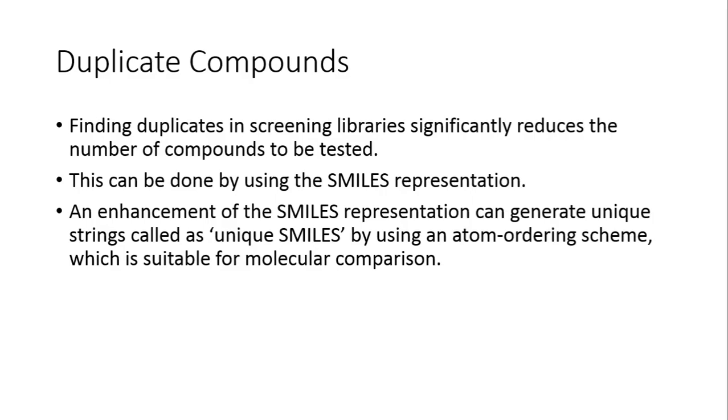You can generate unique SMILES, which are unique for each and every compound, and these unique SMILES are generated by using an atom ordering scheme, which is suitable for further molecular comparison. Once you have obtained the unique SMILES, you can compare them with the database and make sure that your compound library doesn't contain any duplicate compounds.